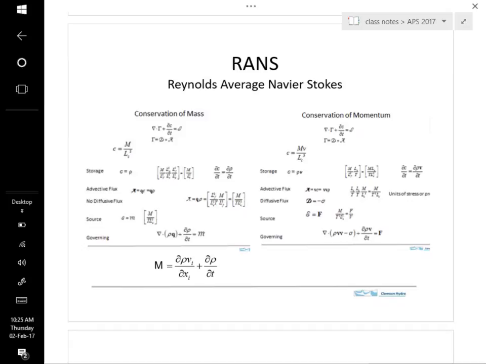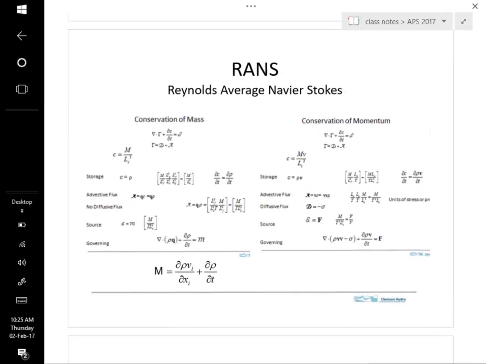The Reynolds average Navier-Stokes is basically taking an averaging approach that is similar to what we did for porous media, where for lab we did pore scale flow, and two classes ago we did porous media flow where we just lumped the pore scale variability together and really didn't consider the details.